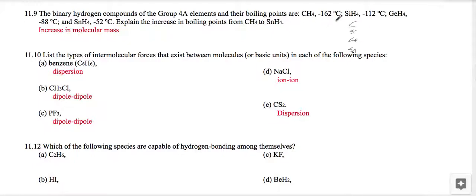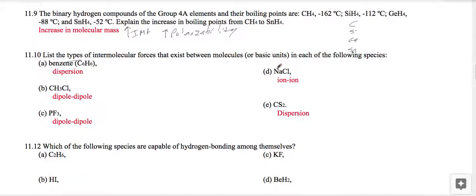That means carbon is going to have the lowest molecular mass, and tin is going to have the highest molecular mass. So as we go down the periodic table, the boiling point increases because the molecular mass is increasing, which causes an increase in IMF because there's an increase in polarizability.